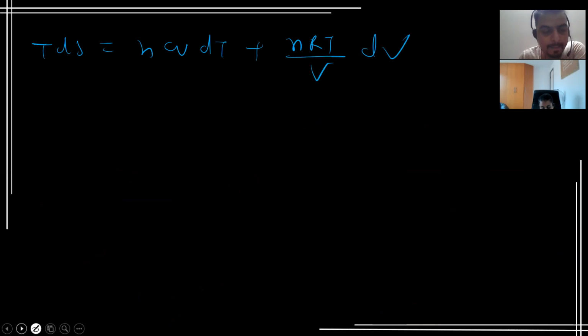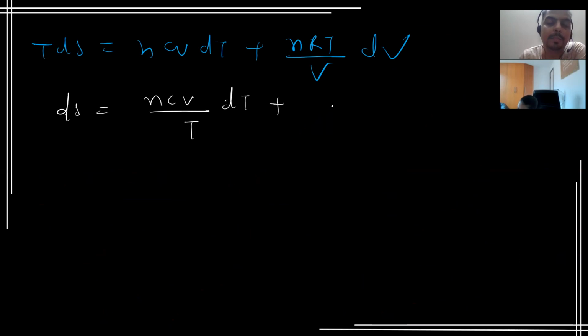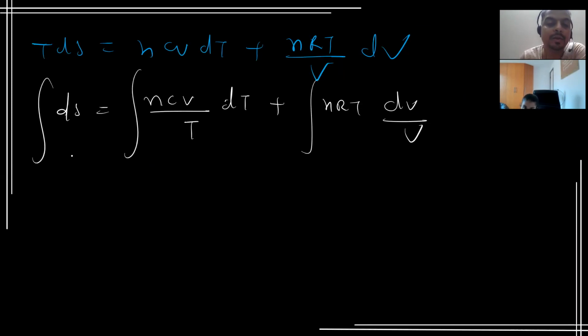Now see, dS becomes nCV upon T dT plus nRT by V dV, taking nR outside, so inside it becomes dV by V. So you can write like this. Then go for the integration.